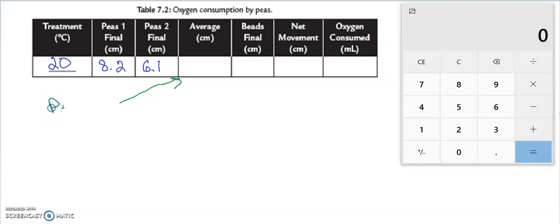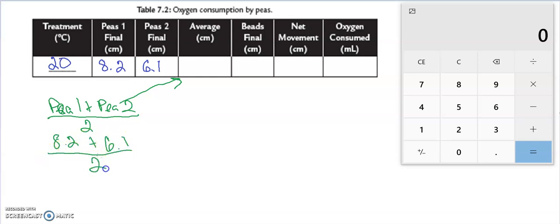You take P1 plus P2 and you divide it by 2. So in this case, that is 8.2 plus 6.1, and we divide that by 2. So 8.2 plus 6.1 gives us 14.3, and we'll divide that by 2, which means we are at an average of 7.15.